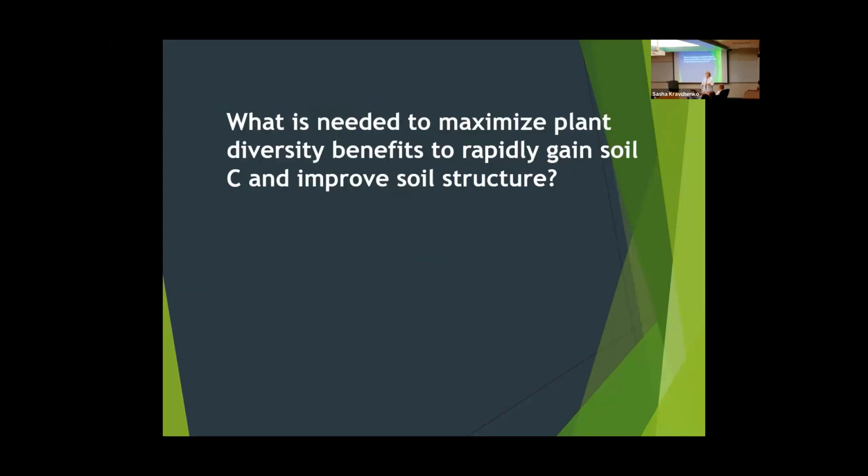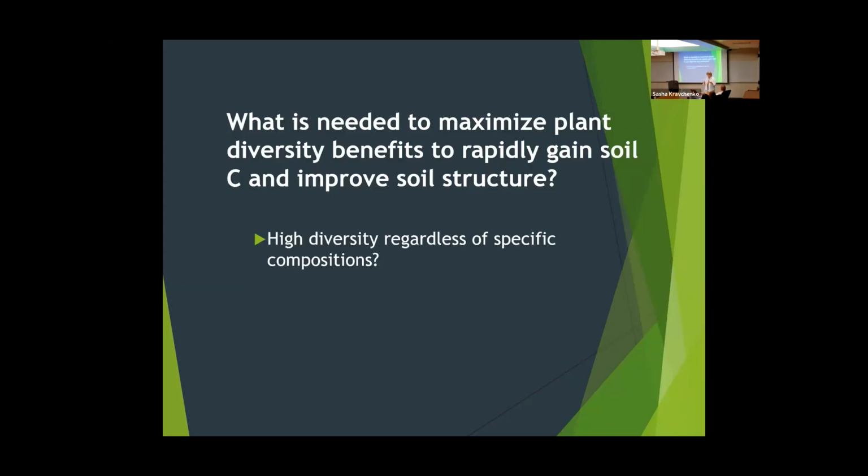So with that in mind, a big practical question related to that is, as we are thinking of the best ways to develop those diverse plant communities, if we have in mind the idea of how do we build the ones that are most effective in bringing about carbon gains, it might be good to know what exactly to look for.